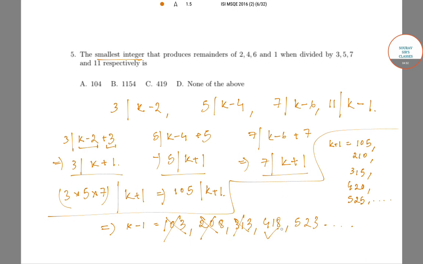But 418 is divisible by 11. So 418 is the required number.